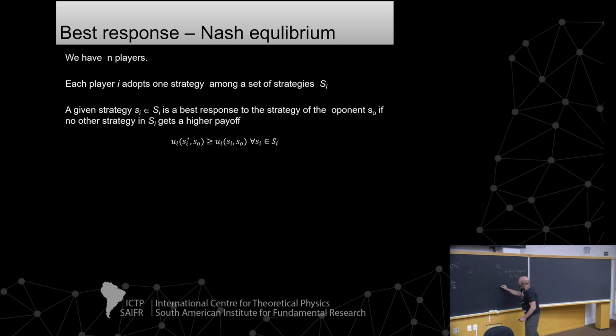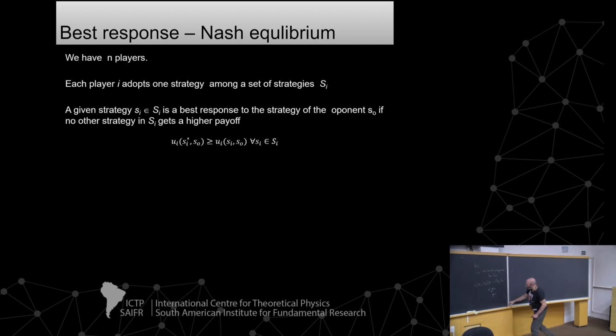So the payoff of si against so is greater or equal to the payoff of sj against so for any j different from i.